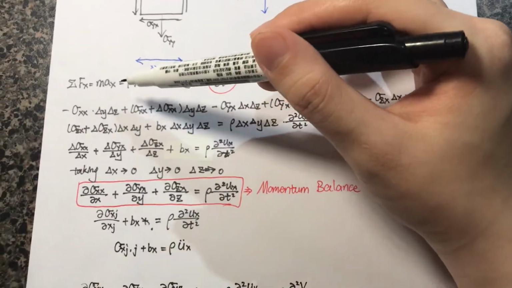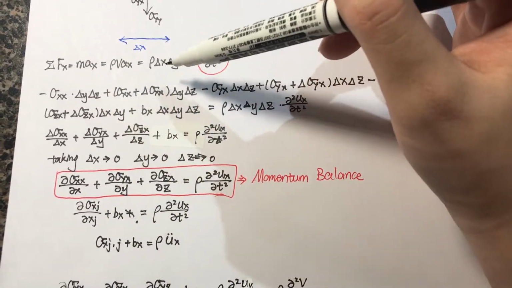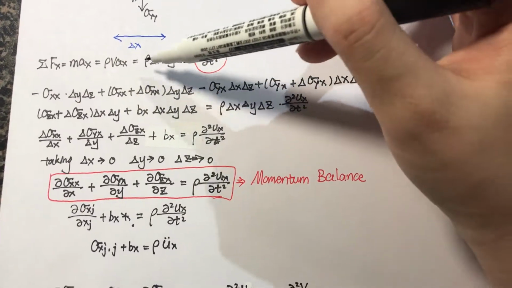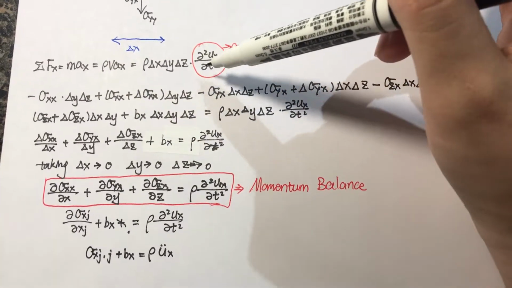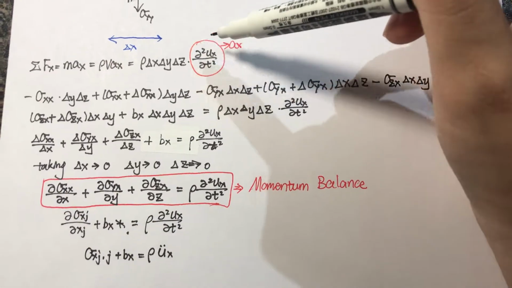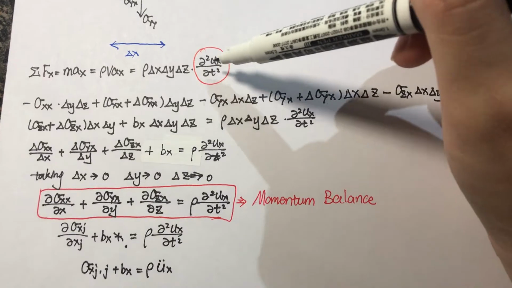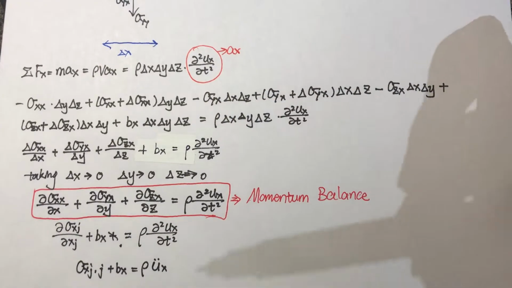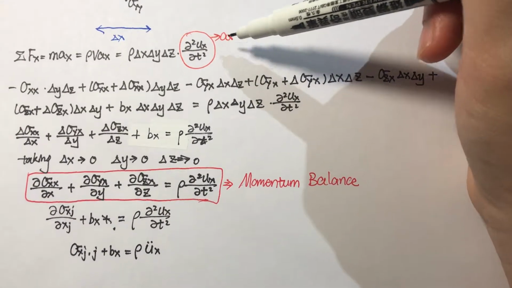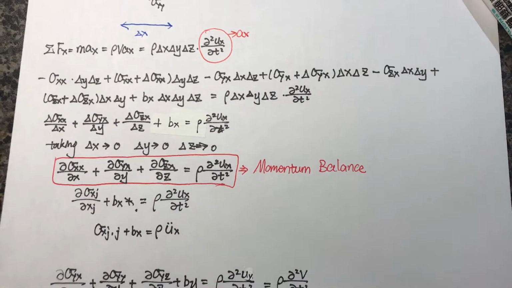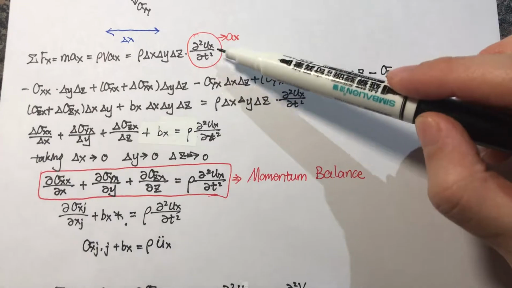So I have max here, and m can be written as rho V, so I can write it as rho delta x delta y delta z times d squared x over dt squared. This is actually the acceleration, because acceleration is the second derivative of the displacement with respect to t.